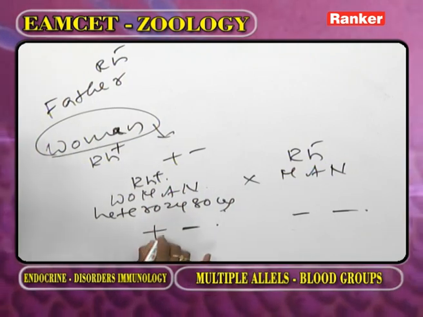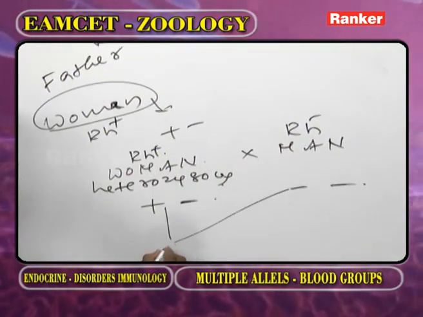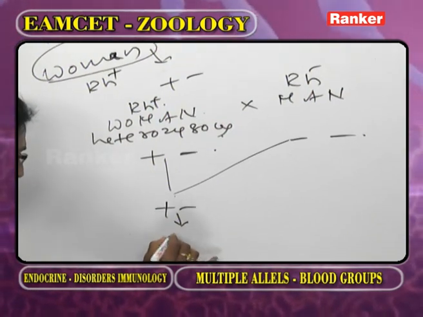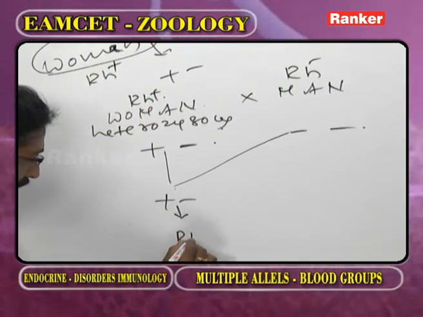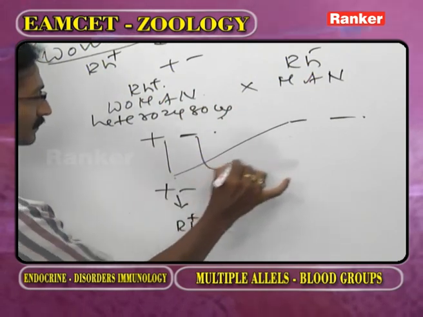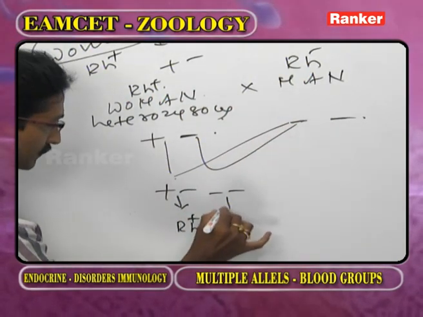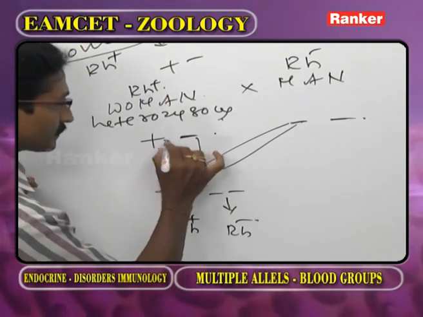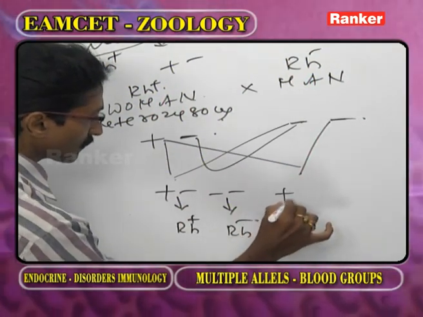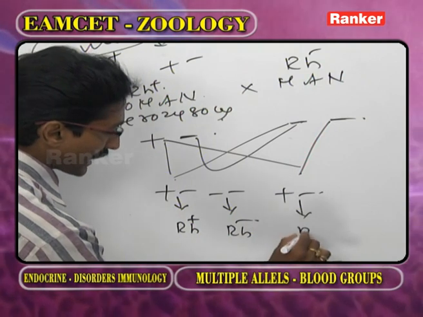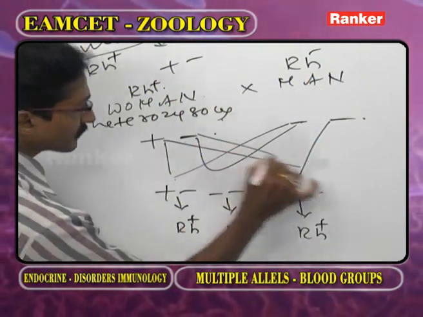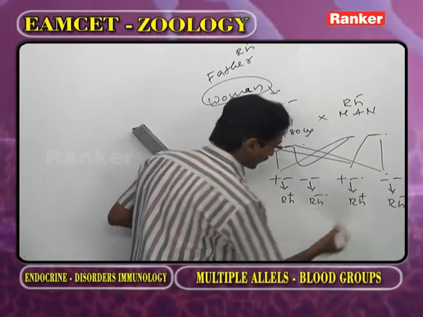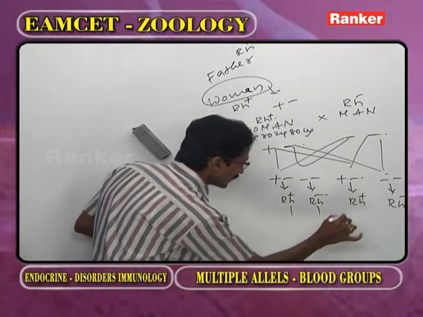Now if we go for the cross, here the baby has Rh antigen, and here the baby has no Rh antigen. Rh antigen present, no Rh antigen, 1, 1, 1, 1.